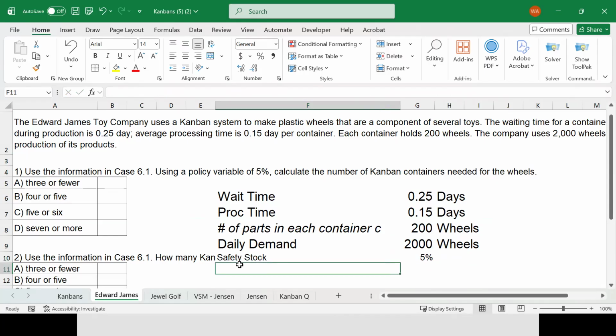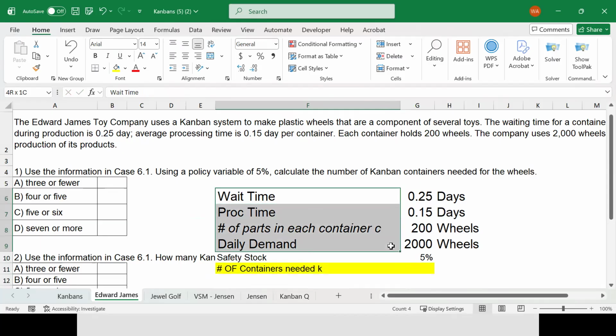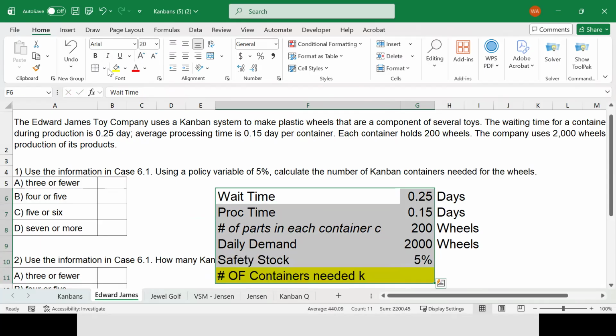So the number of containers needed is our little letter K. That's what we're going to try and solve for here. Let me make this slightly bigger. Let's go ahead and solve for K.